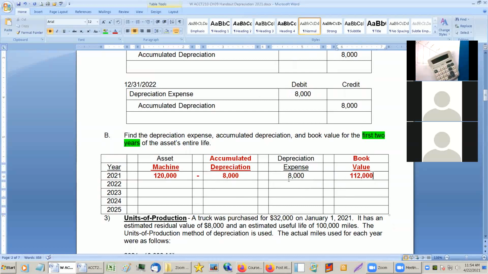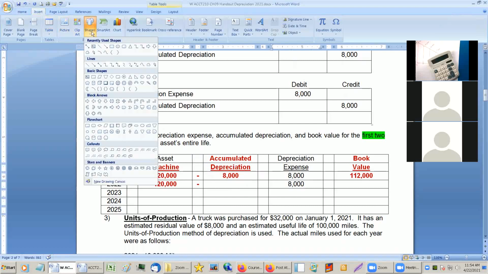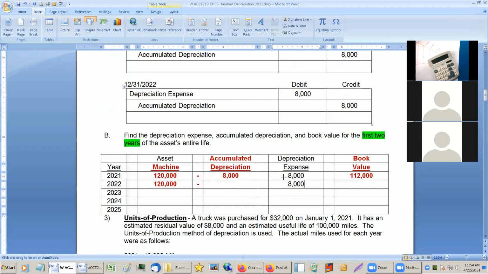Okay. And this will be exactly the same. It'll be the same every year. So if we're just doing the first 2 years here, the accumulated depreciation would be both of those together. 16,000. Yep.